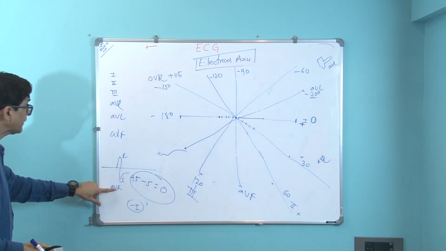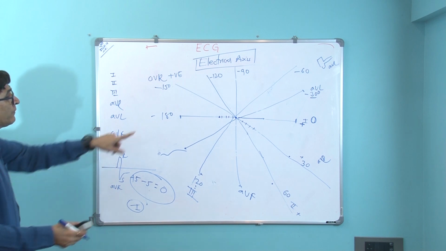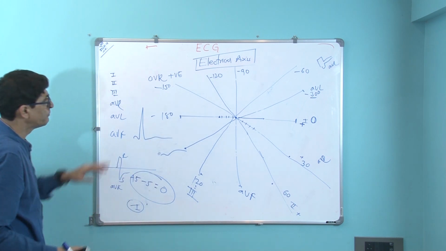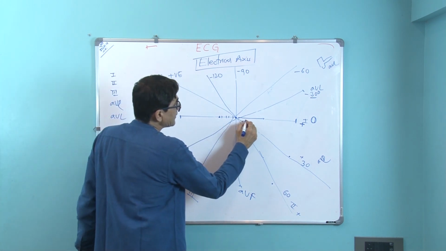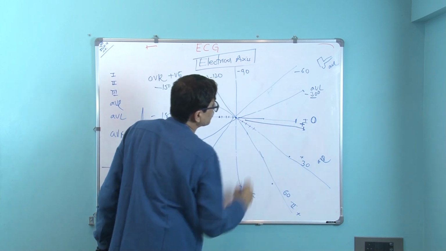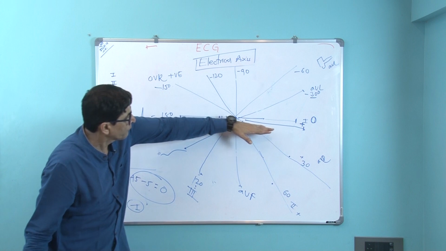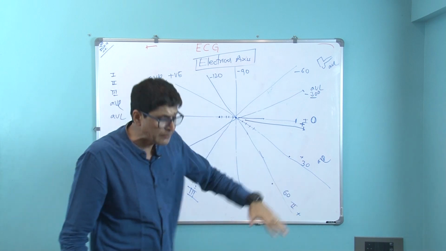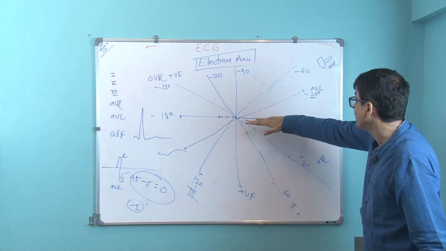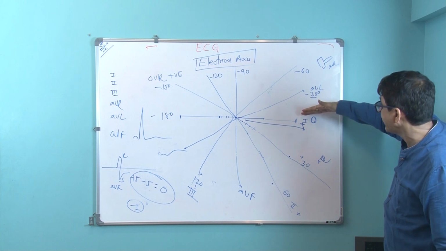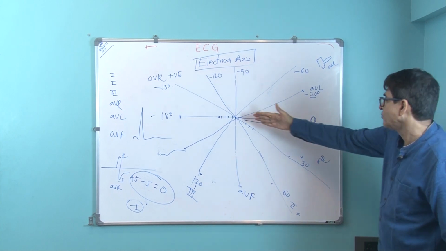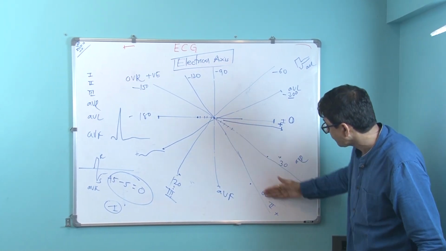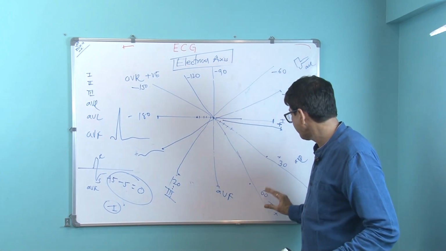So it will come here. Now which is the perpendicular lead to the AVF? Lead 1. So lead 1 will have maximum positive deflection because the axis or vector is oriented to this side, and when the vector is more parallel to a lead, that lead will have maximum positivity. Usually the QRS vector is very close to 60, so you will find all the QRS deflection better in lead 2.